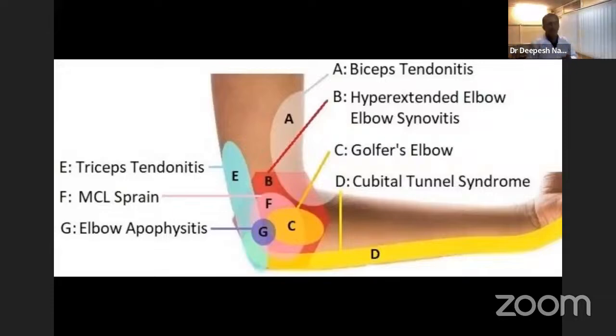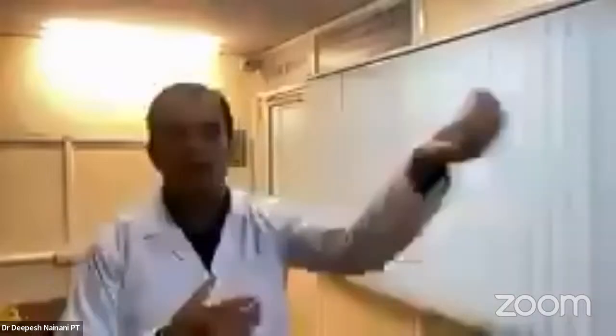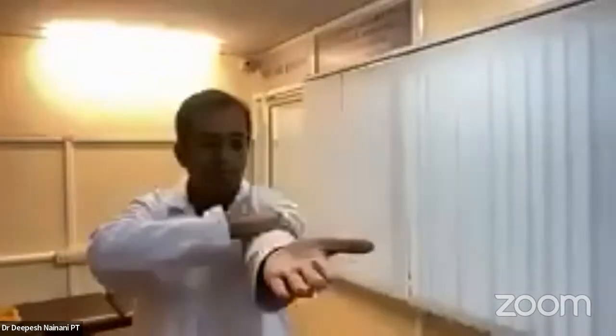First, we have to understand where the exact points of tennis elbow and golfer's elbow pain arise. First, we have to see our elbow. This is the outer compartment pain, and this is the inner compartment pain. And this is the middle or center compartment pain.